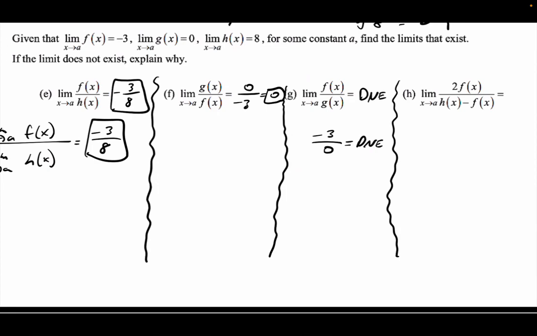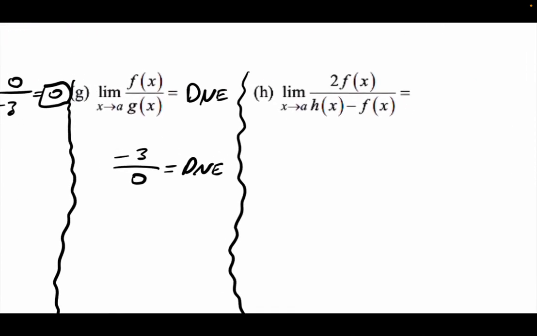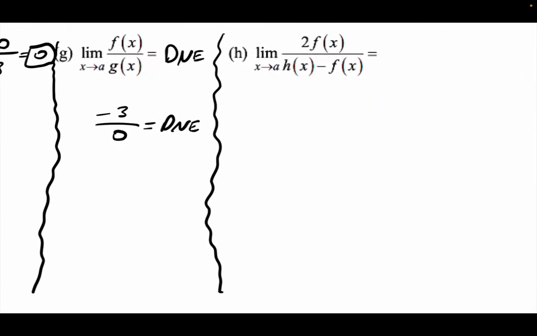Okay? So I'm going to rewrite this one. It's 2 times whatever I get on top, so it's the limit as x approaches a for f of x. Whatever I get for that, I'm going to multiply it times 2.